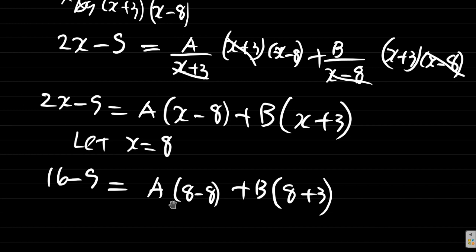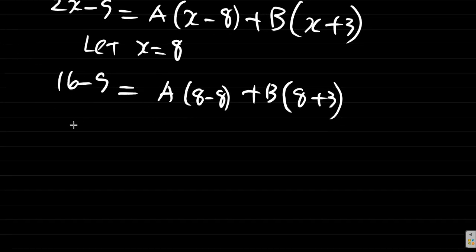Alright? 16 minus 5 is 11 is equal to 0 plus 8 and 3, 11, 11b. So we can see here that b is equal to 1. If we divide both sides by 11, b is equal to 1.